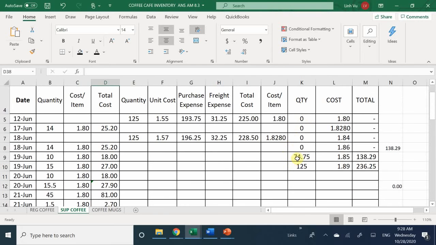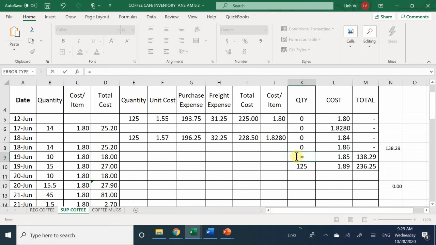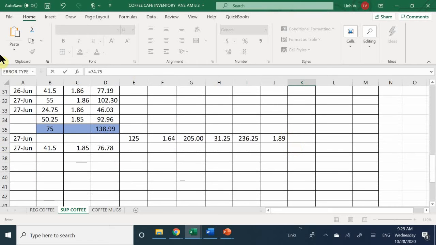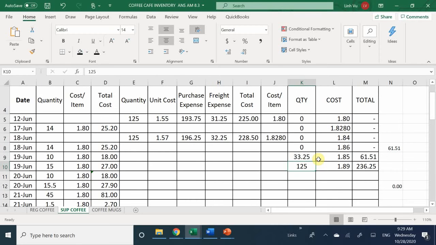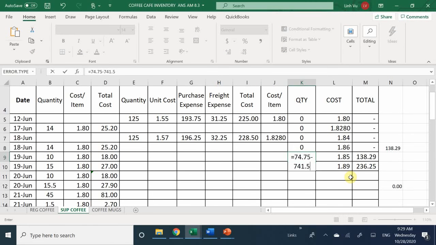So how are we going to update our inventory here? 74.75 minus 41.5.